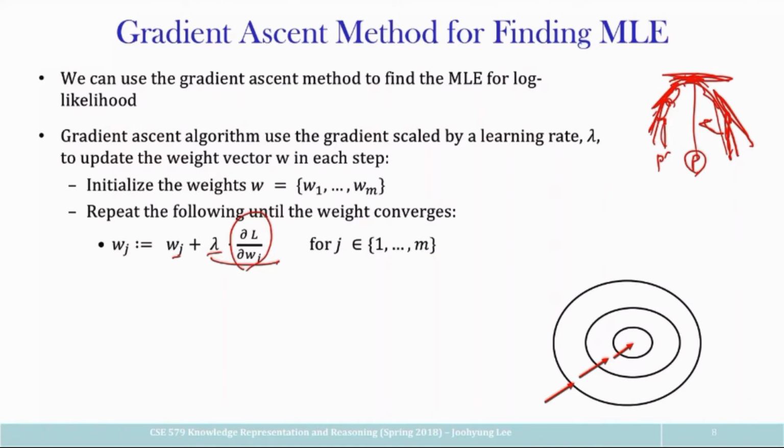wj. Okay? So many of the machine learning algorithms can be computed by the gradient ascent method, especially neural networks. This is actually the standard method to use. Now, more often we call it the gradient descent method because we want to minimize the loss function.